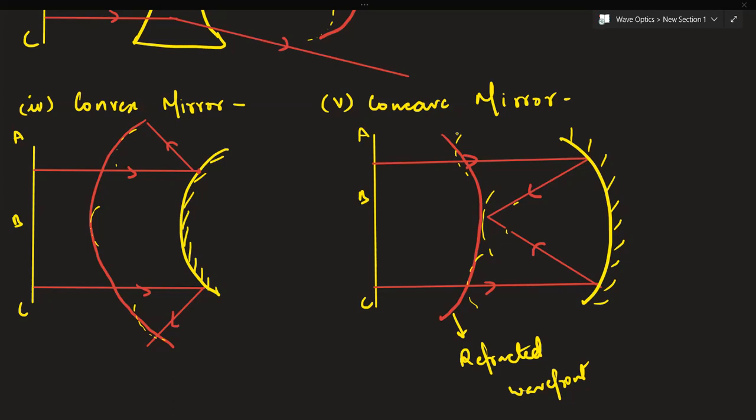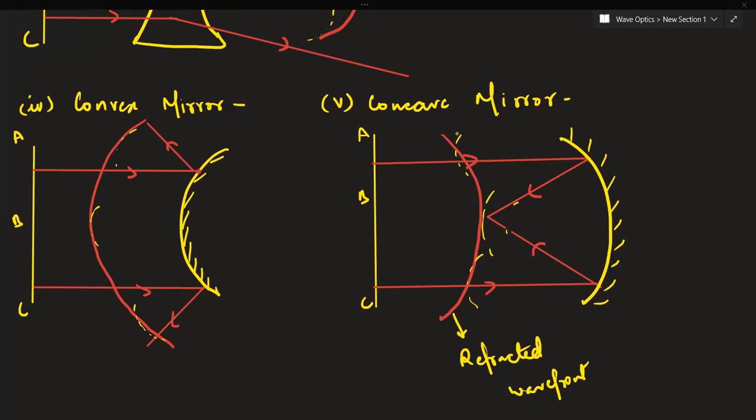Noor, understand this. That's why I have drawn A, B, C. A and C represent the margins of the incident wavefront, and B represents the middle portion, the central part. Yes or no? Yes, ma'am.